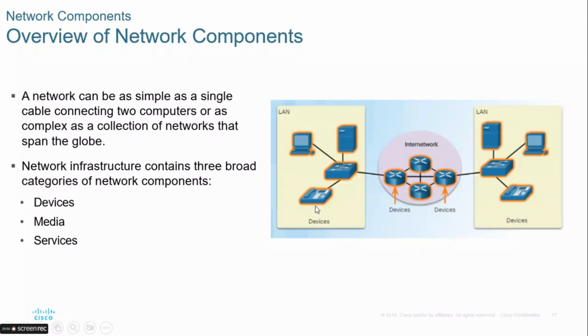You can see from this image here, this is a LAN. It has a server here. This is a switch. This is an IP phone. Then these are computers. So these are the devices. Then we've got this particular circle. It has 4 routers interlinked to each other.